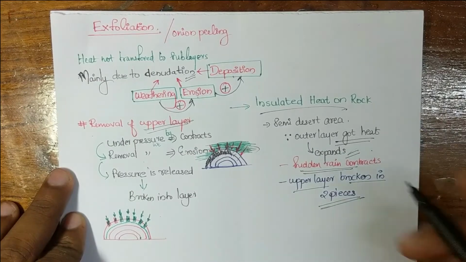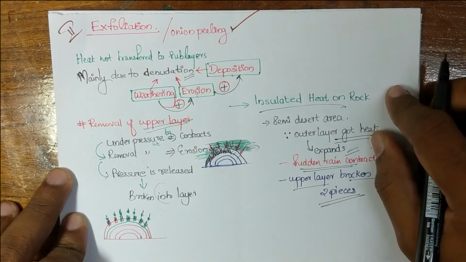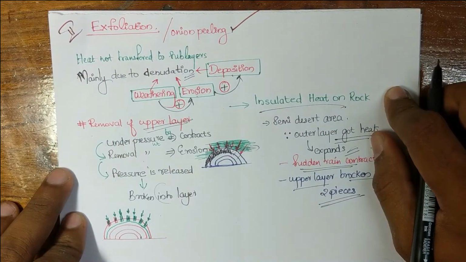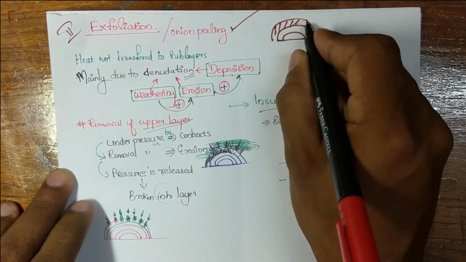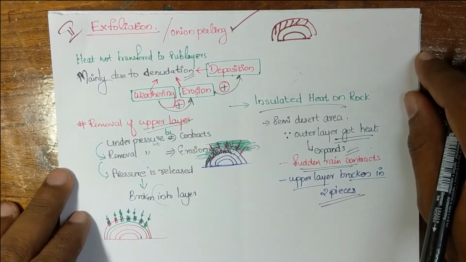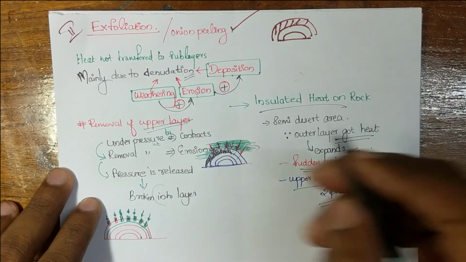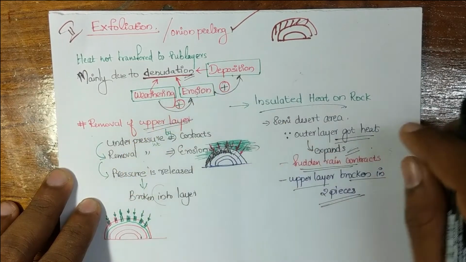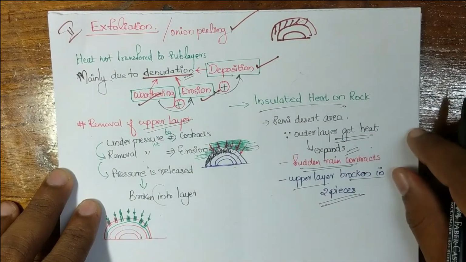The second type is exfoliation, or onion peeling. Why is it called onion peeling? Because the rock will erode in the form of different layers, like the peeling of an onion. The main reason behind the exfoliation of a rock is denudation, or the combined action of weathering, erosion and deposition.